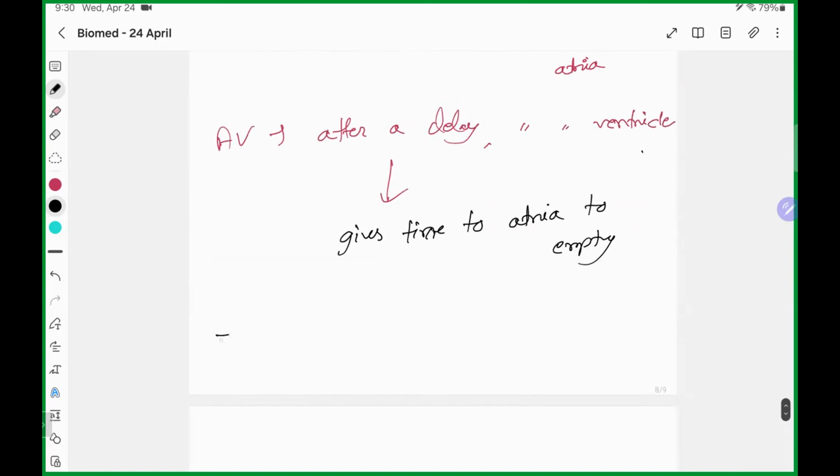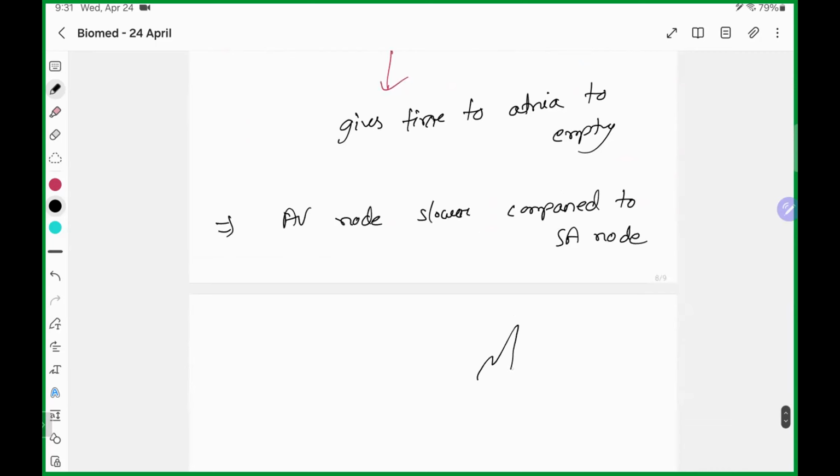Now, this AV node is slower compared to the SA node. Why slower? We'll see in the ECG process. In the ECG, this one is very sharp, but the repolarization has more time.